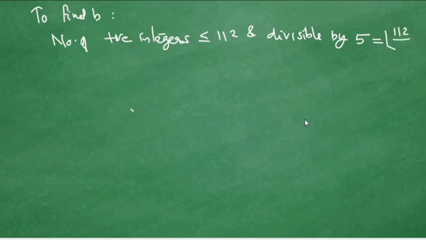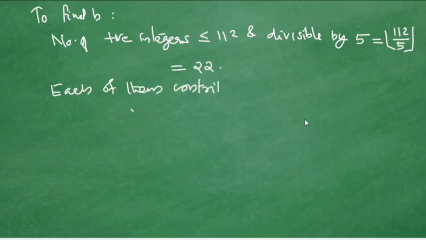Okay, 110 is possible. Now each of them contributes a 5 to the prime factorization of 112 factorial.